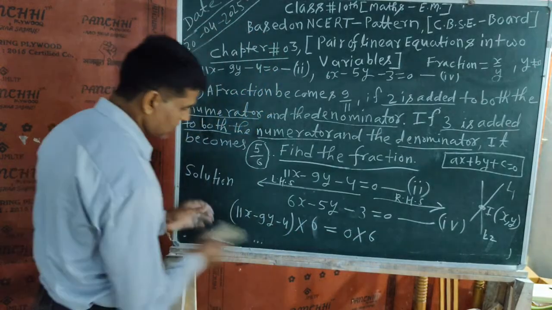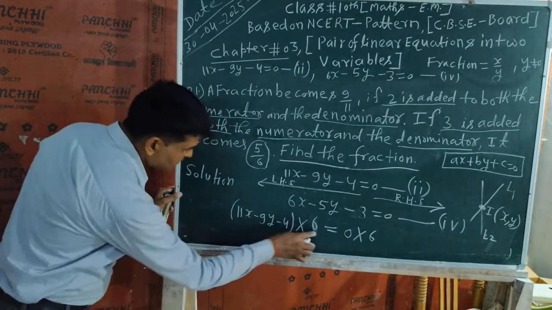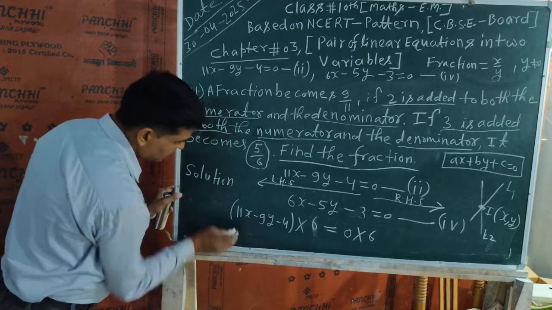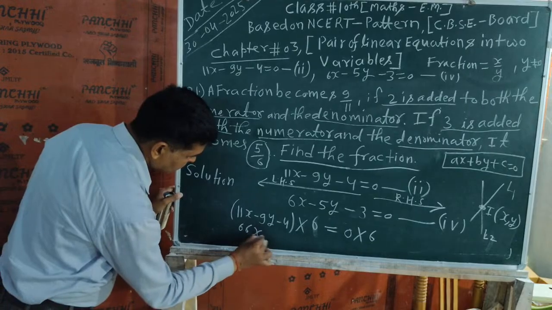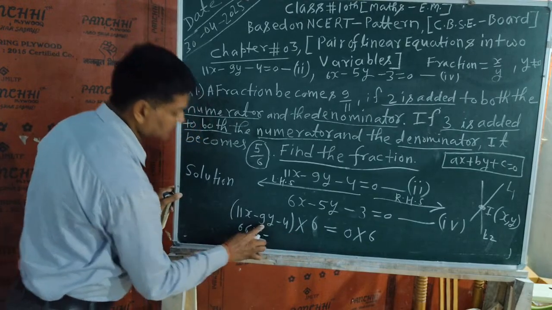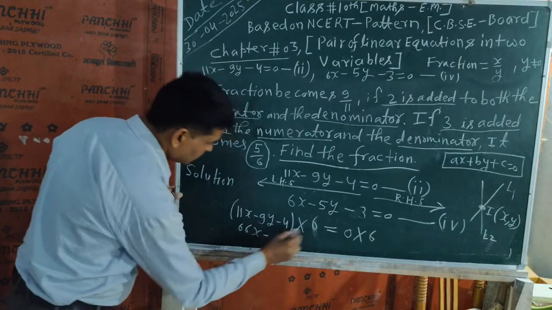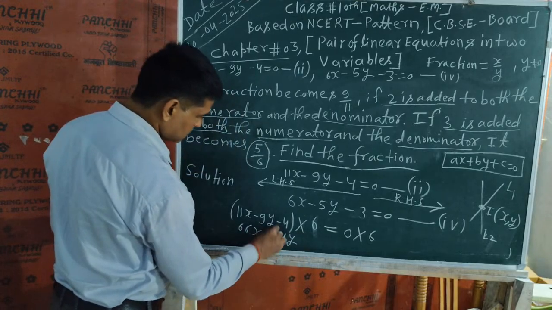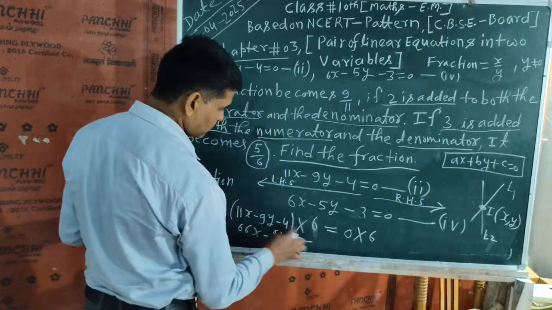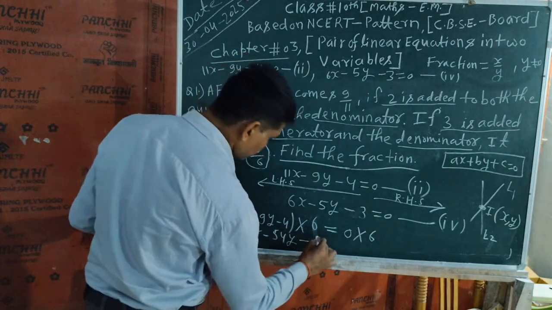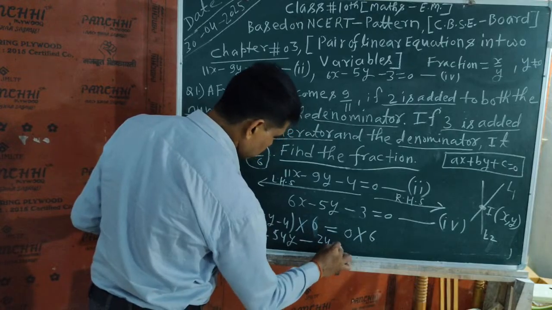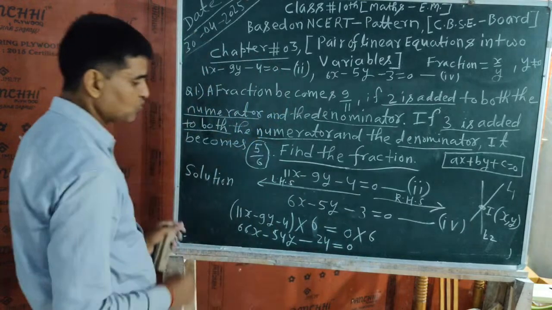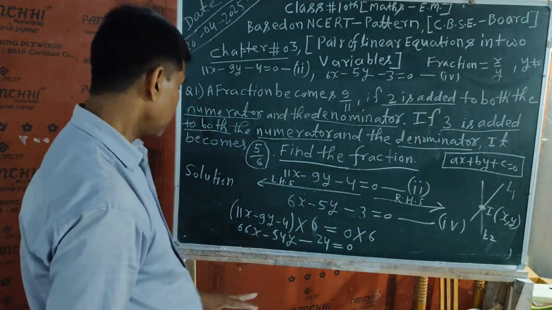So after multiplication I can write like this. 6 into 11x is 66x, and 6 into 9 is 54, so here I will write 54, and 4 sixes are 24, and this will be 0. If I multiply 0 with any number, that will become 0. Okay students.